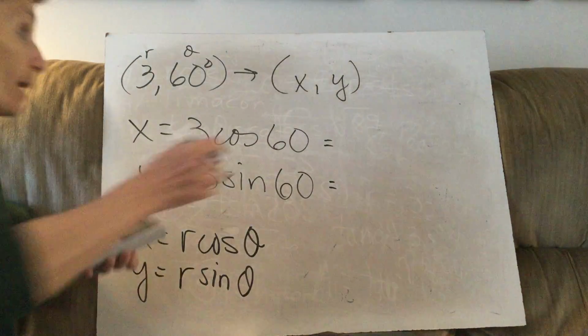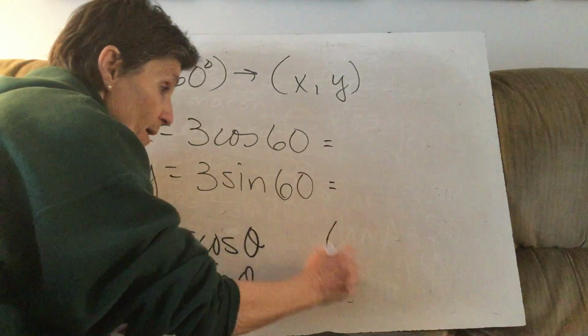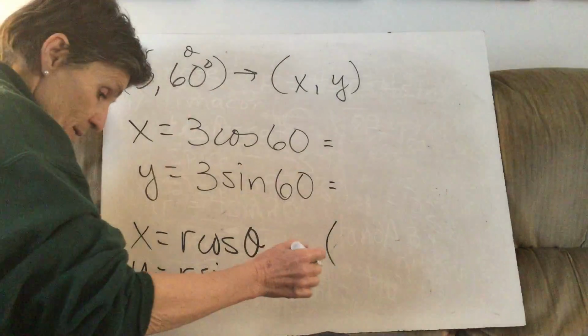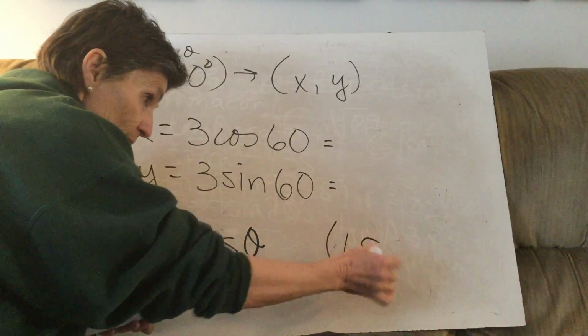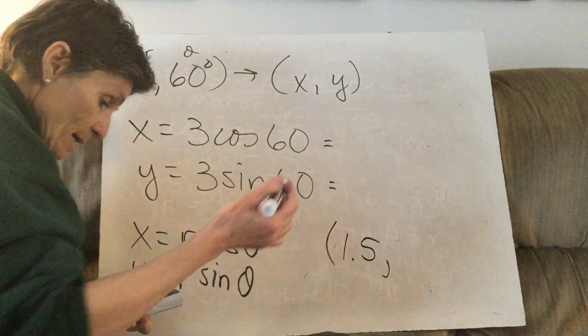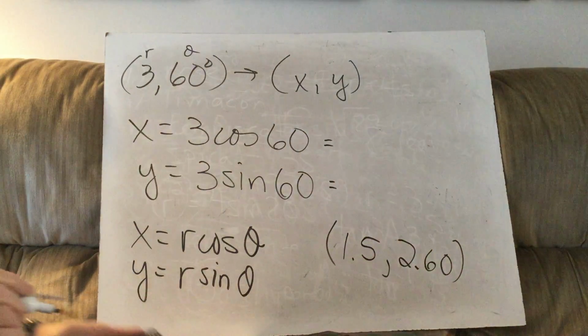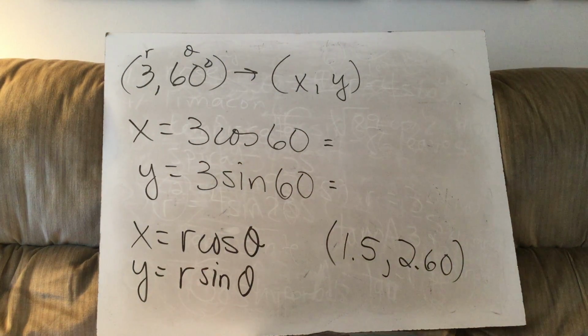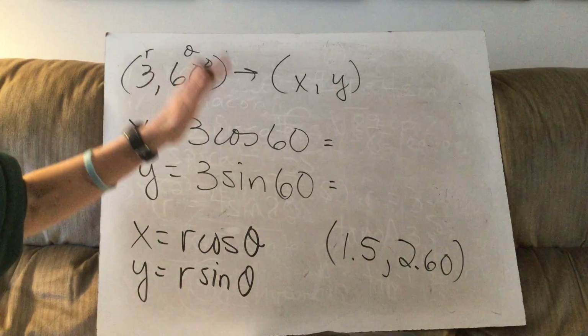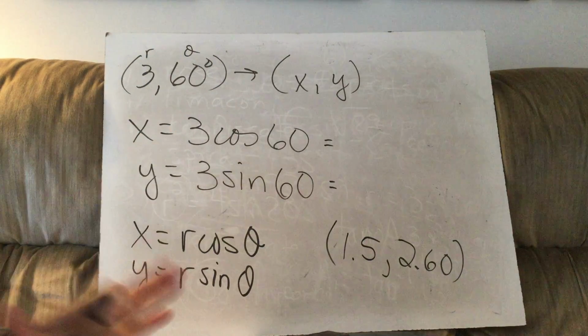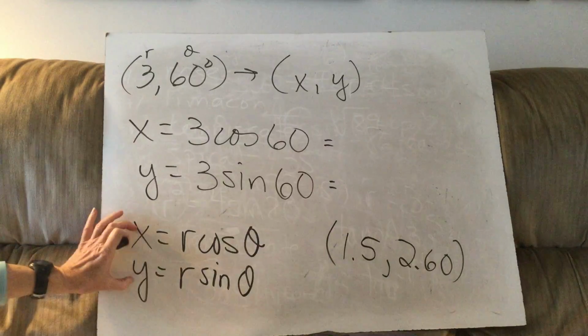So I got my ordered pair to be 1.5 for my x and 2.60 for my y. To find x and y, to find rectangular, bingo, right here.